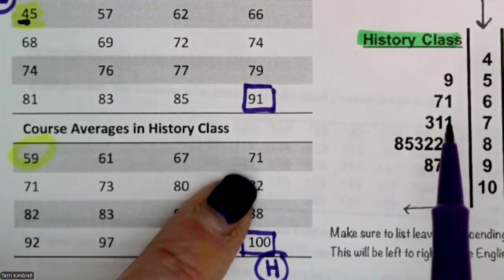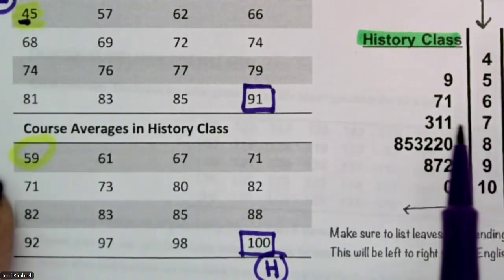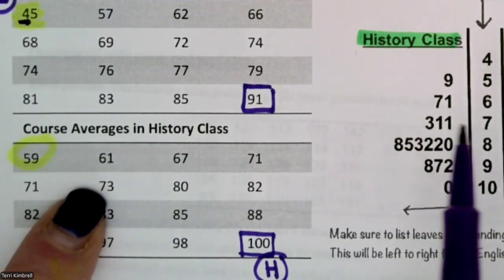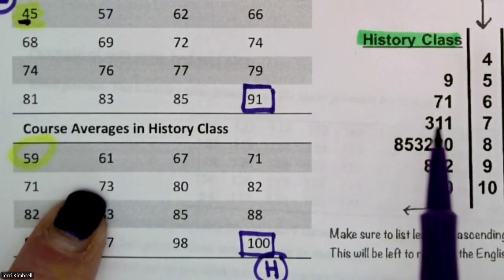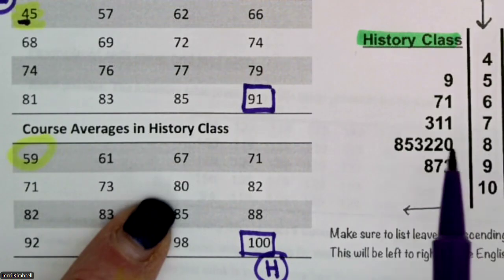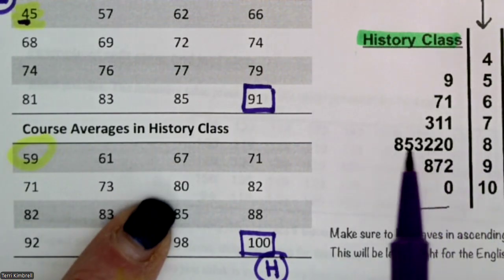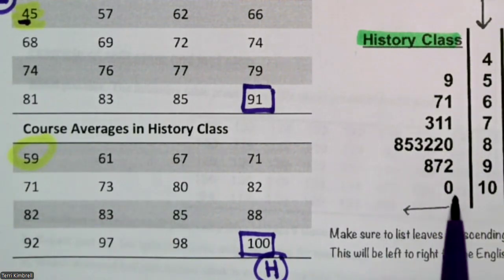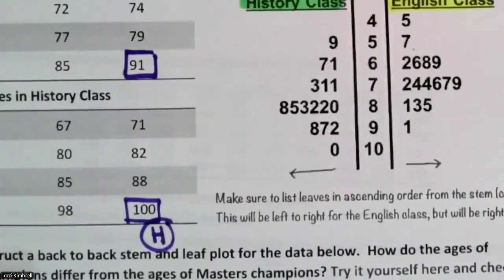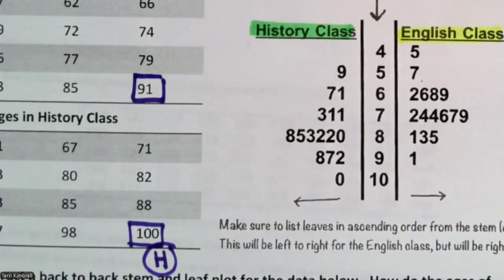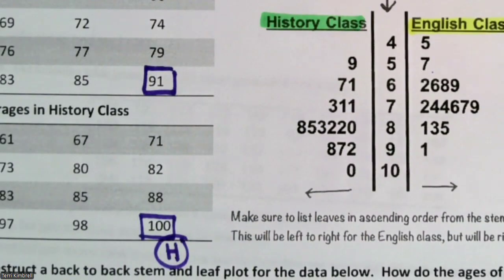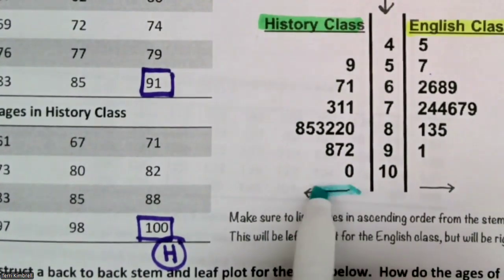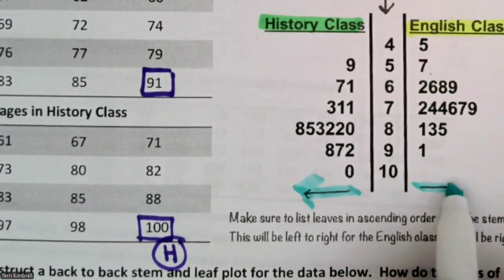Then we have a 71, 71, 73, 80, 82, and so forth. And then with the 10 is where you put the 0 for the 100. Now, when you list these, if you notice my arrows, you are reading from the stem out. So you're reading from the stem out to the right.